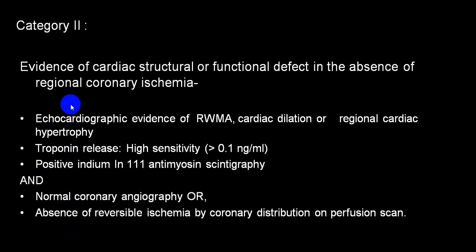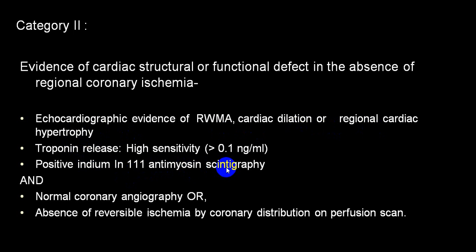In category 2, echocardiographic evidence by means of regional wall motion abnormality, ventricular chamber dilatation, hypokinesia, akinesia or dyskinesia, regional cardiac hypertrophy, laboratory marker by troponin elevated, and also you can demonstrate anti-myosin.